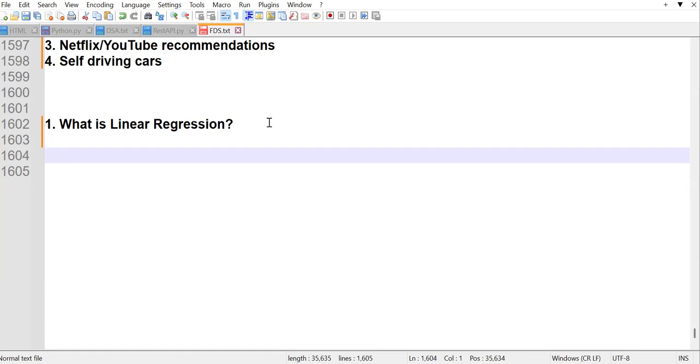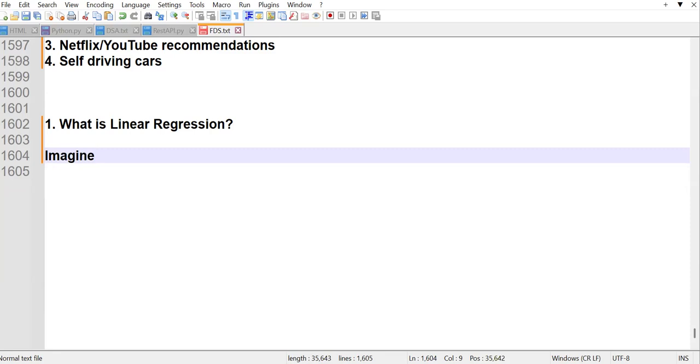In linear regression, what we do is predict. There is X and there is Y. If something changes in X, it affects Y. Let's try to understand it with an example.